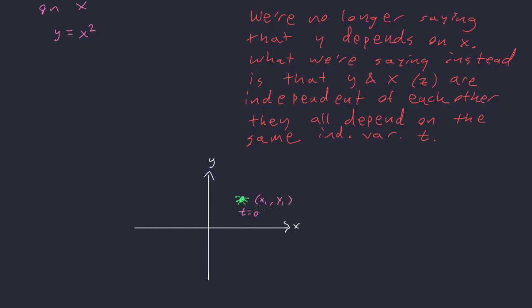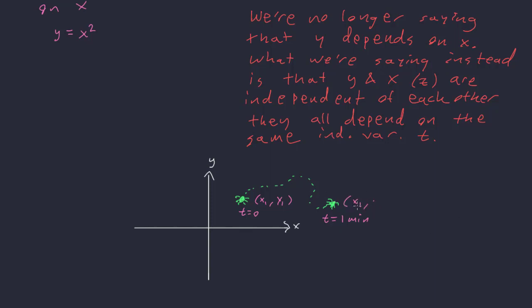But as time goes on, maybe it moves around. So maybe at t equals 1, and let's say we're in minutes, at t equals 1 minute, now the bug has moved over here. So it will be at a different point.